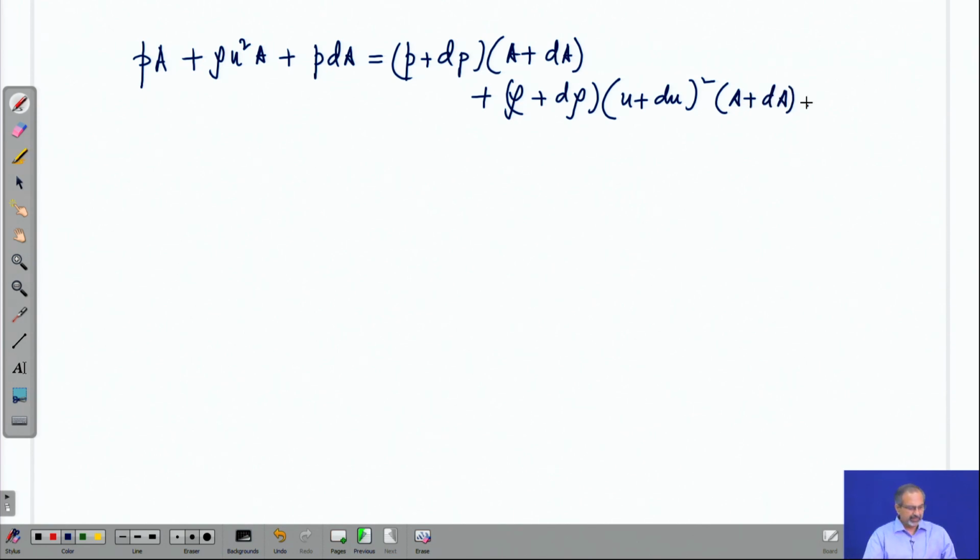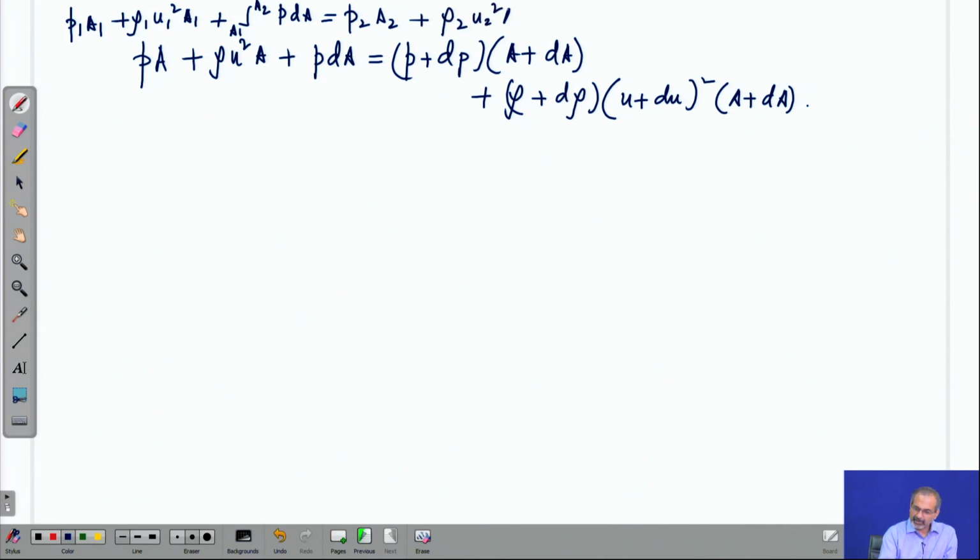So, if we had written that equation down for the finite sized control volume, once again it would look like this: an integral between a 1 to a 2 p dA is equal to p 2 a 2 plus rho 2 u 2 square a 2. So, this would be the equation you would obtain for a finite control volume.